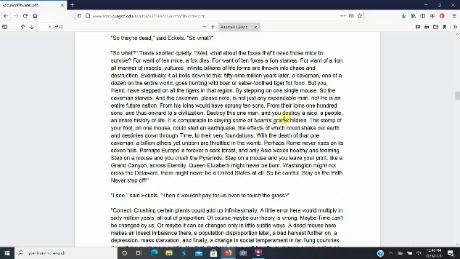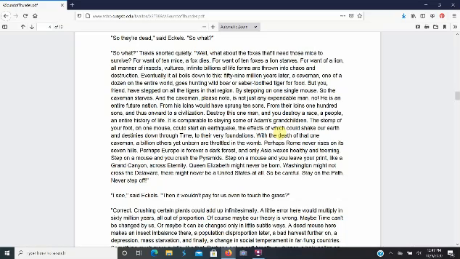And the caveman, please note, is not just any expendable man. No, he is an entire future nation. From his loins would have sprung ten sons. From his loins a hundred sons, and thus onward to a civilization. Destroy this one man, and you destroy a race, a people, an entire history of life.